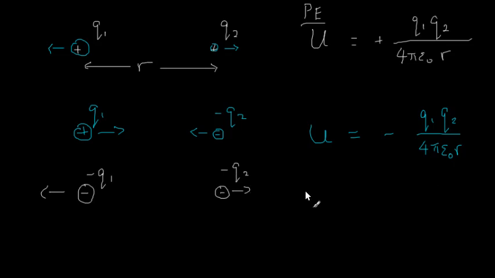So in this case, the potential energy would be given by, again, plus Q1 Q2 over 4 pi epsilon naught r. Okay. Now, from this understanding, we know that it's only when charges are opposite that the potential energy will be a negative number. For like charges, here, this or this, the potential energy would be positive.